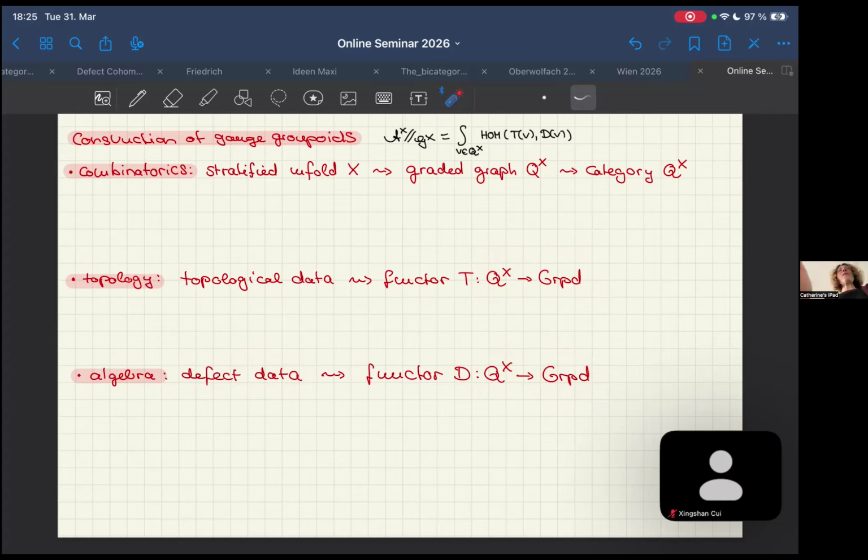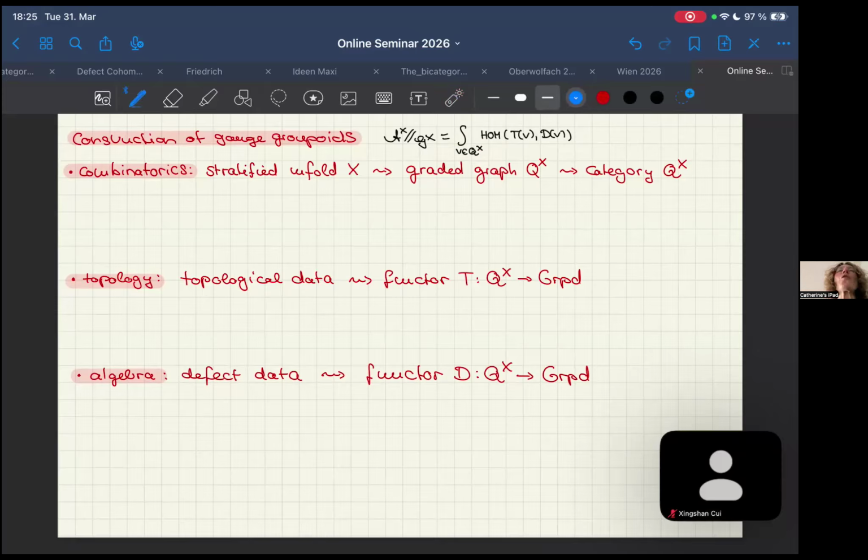So I'll sketch this and I'll say something more about the construction first. So here I've said how the gauge field is constructed. Basically we have these two functors, T and D, and we put them into an enriched Hom functor. So we have a functor Hom that takes values in groupoids. And then we take the end. This is like something like making a natural transformation.